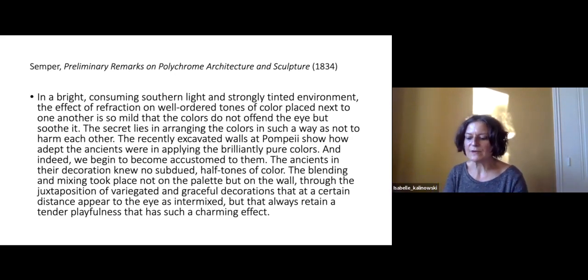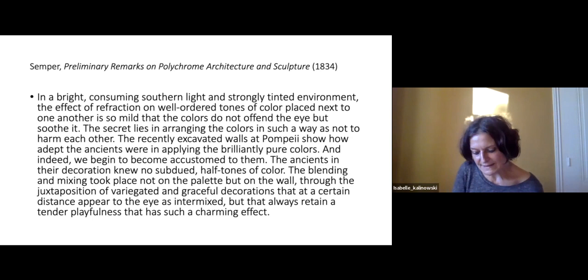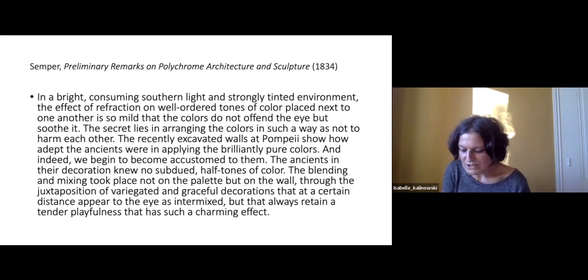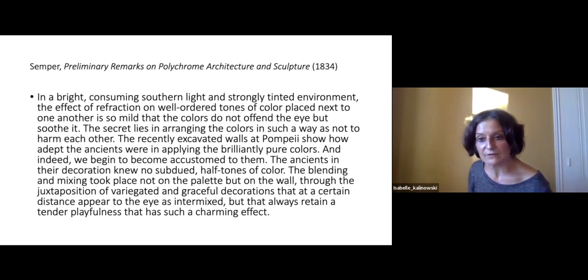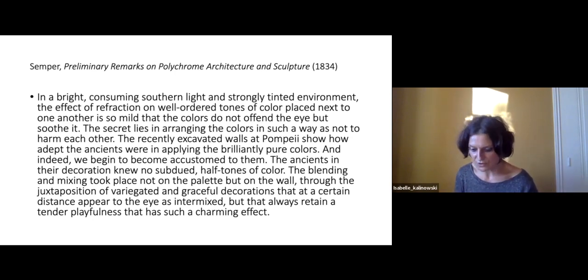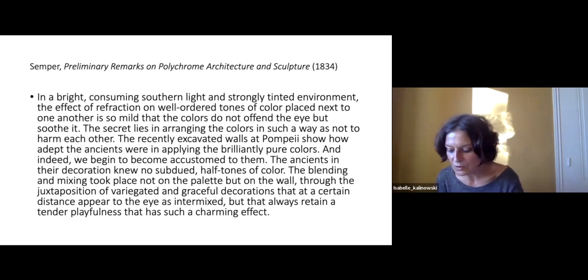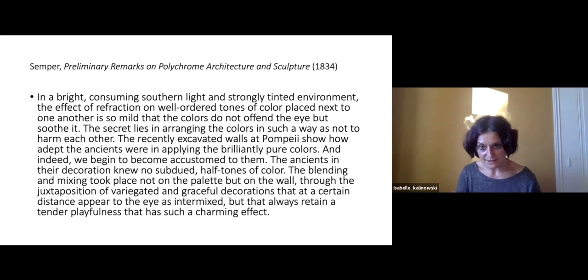The evocation of the recently excavated rooms at Pompeii is here characteristic of Semper's approach, which is constantly reflexive and takes into account the historicity of perception. The blinding purity of the Pompeian colors contrasts with the conventional image of ancient constructions and their soft and creamy patina, which tends to obliterate the fact that the colors were used as large monochrome surfaces.